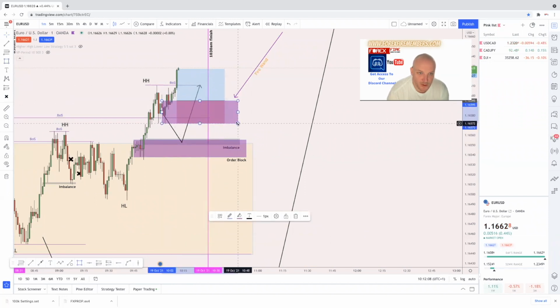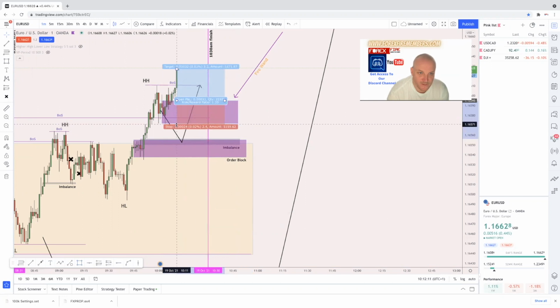That's our order block. Again, the order block's cushioned by this wick as well. Let's push that up a little bit more.